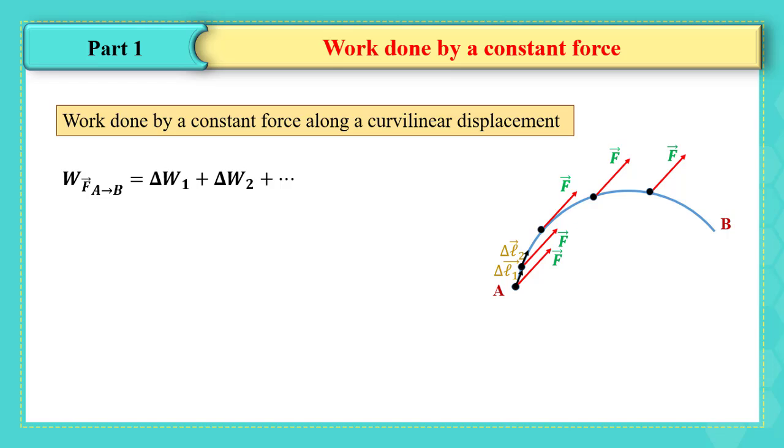Then the total work done by the force F from A to B is the sum of the work done by the force on each small displacement delta L. Thus, we can write it as delta work 1 plus delta work 2 plus etc., where delta work 1 is F vector dot delta L1 vector, and delta work 2 is F vector dot delta L2 vector, and so on.